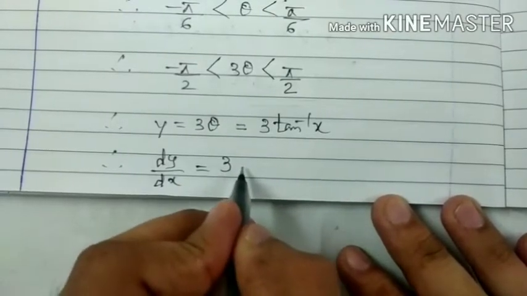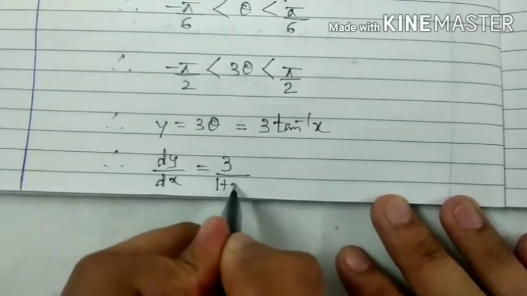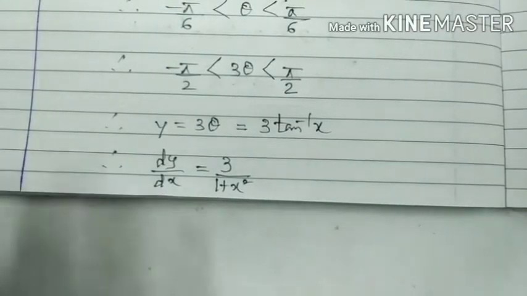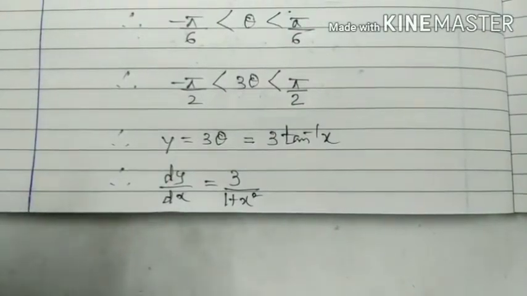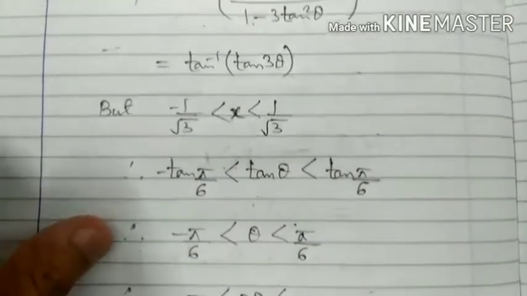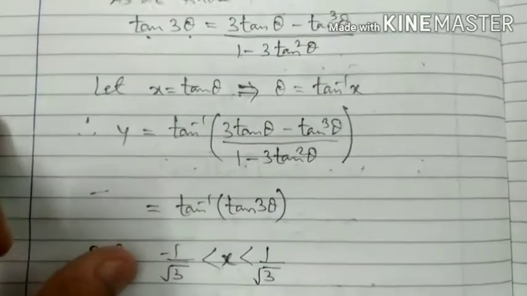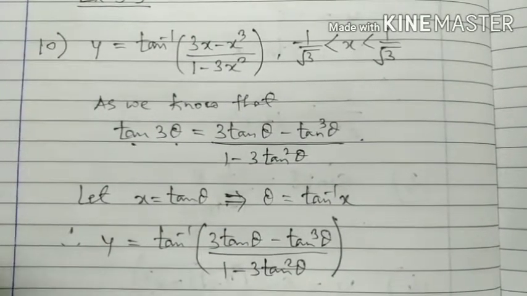So 3 into 1 upon 1 plus x square gives you 3 upon 1 plus x square. So this is your final answer. This is required derivative. So in this way we can solve the question where inverse function is given. Let's see another question.